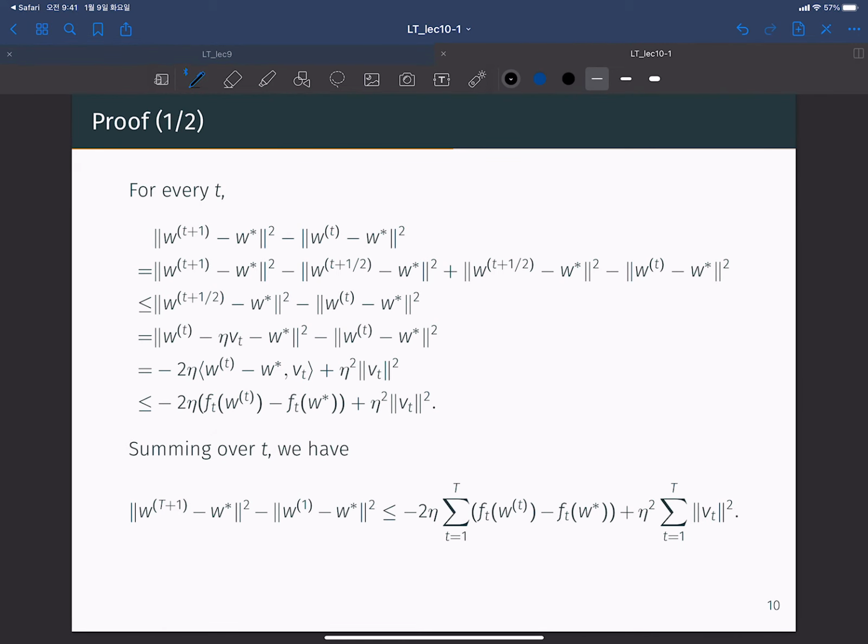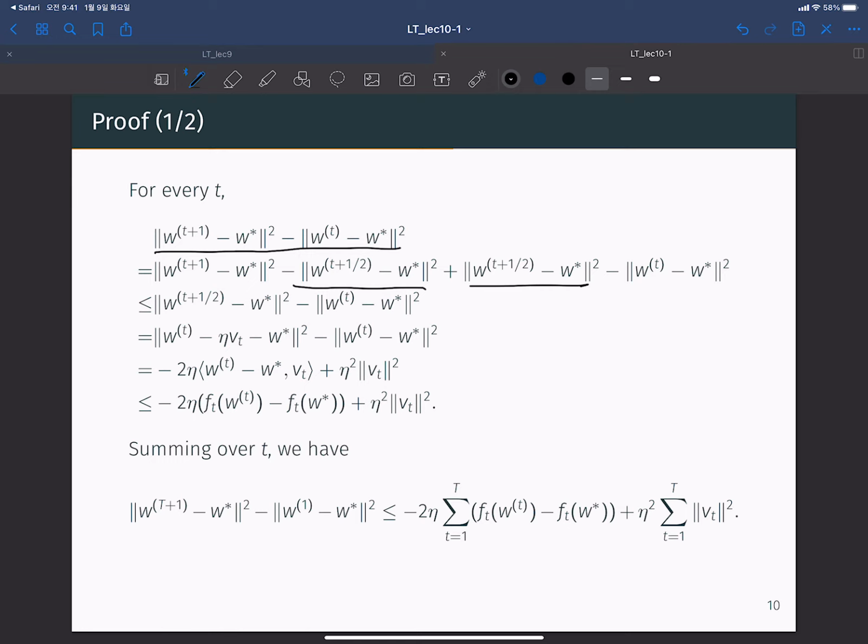So the proof strategy is very simple. We first upper bound the norm square of w_{t+1} minus w star minus the norm square of w_t minus w star, and then we will sum over t. Then we will have the result. Okay, so we can rewrite this by adding the same term and subtracting the same term.